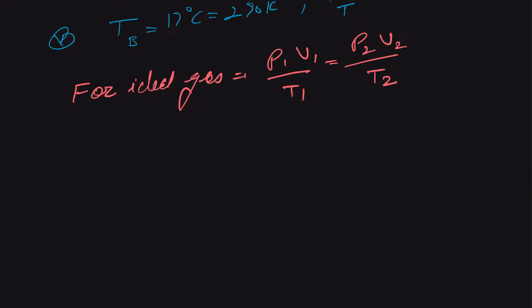So pressure at the bottom multiplied by volume at the bottom over temperature at the bottom is equal to pressure at the top, volume at the top, over temperature at the top.